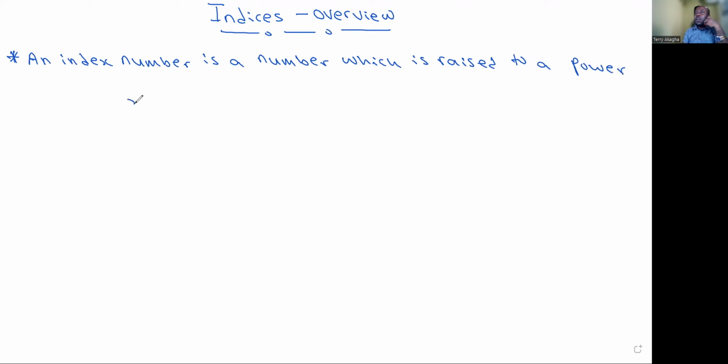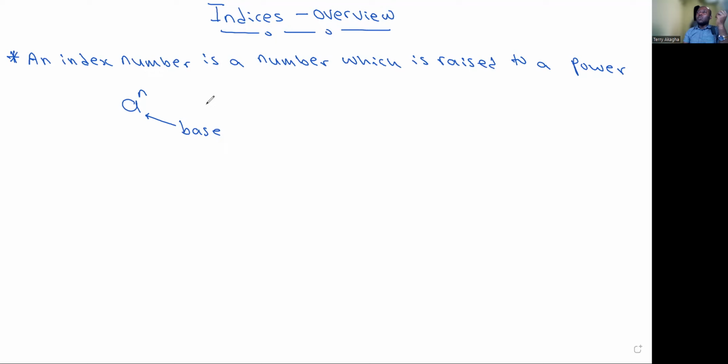So for instance, if you have a raised to power n, the a is called the base, all right? And the n is called the power. It depends. Some textbooks call it an exponent, some call it an index.